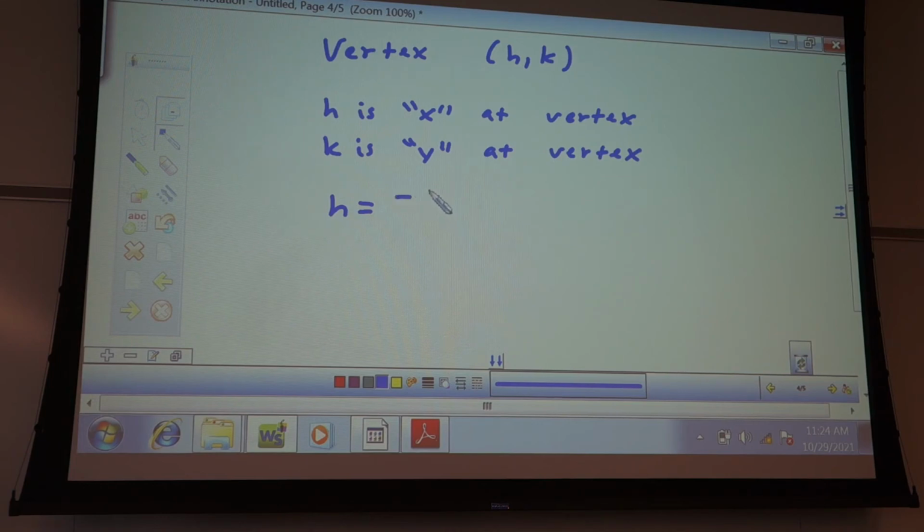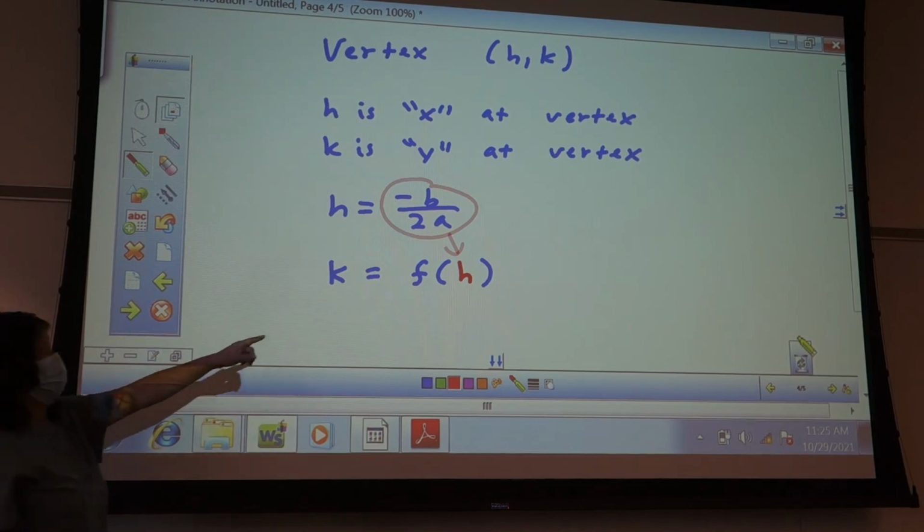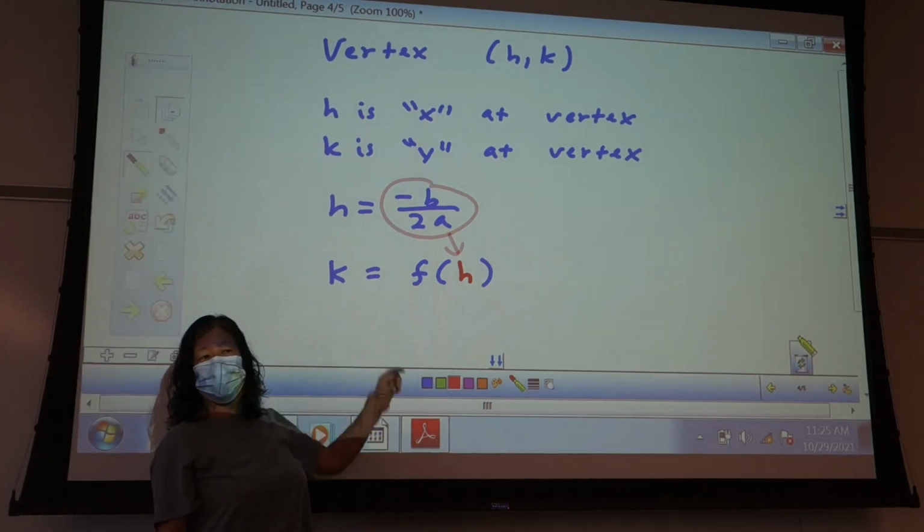It's negative b over 2a. And then my K is equal to whatever my function is with H inside. So you'll take whatever you got here and throw it into the function for x, and that'll give you the y.